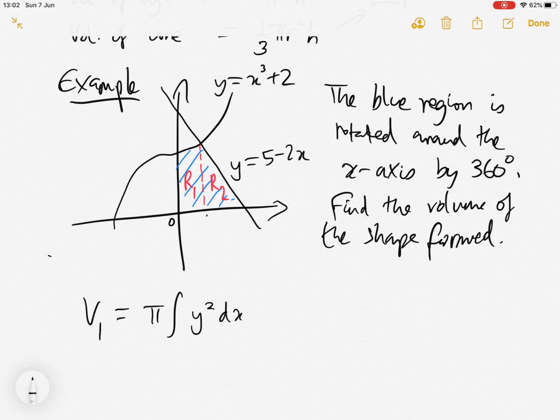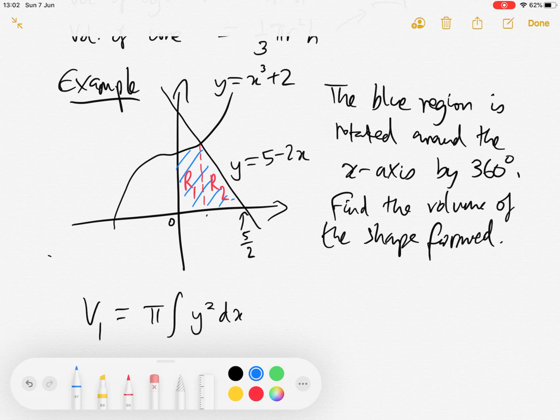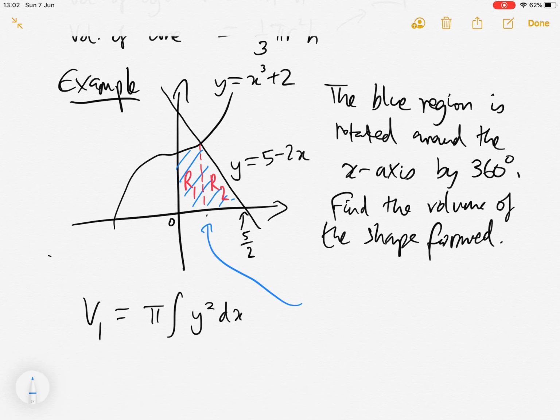Note that this x value here is the x value that makes 5 minus 2x zero, so that's 5 over 2. The x value here, where x cubed plus 2 equals 5 minus 2x: to find this, we set x cubed plus 2 equal to 5 minus 2x, and we get x cubed plus 2x minus 3.